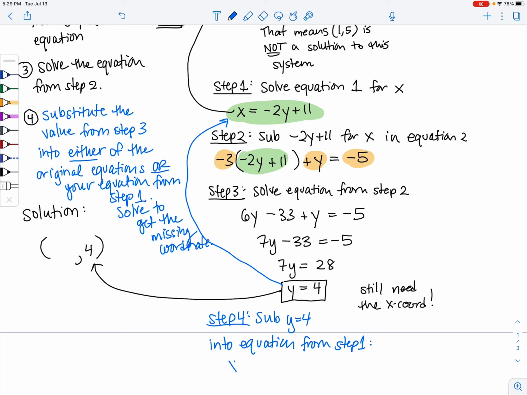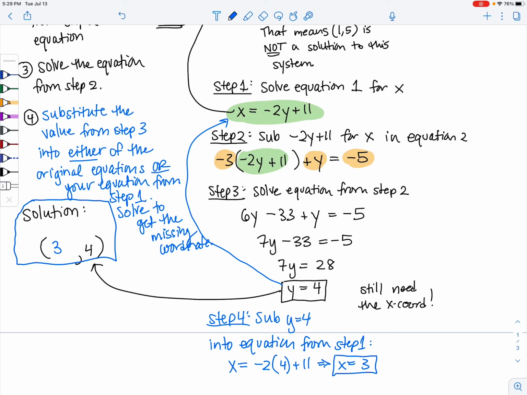So that's going to look like x equals -2 times 4 plus 11. So that's, let's see, x equals -8 plus 11, so x equals 3. And so now I have my solution, this ordered pair 3, 4.